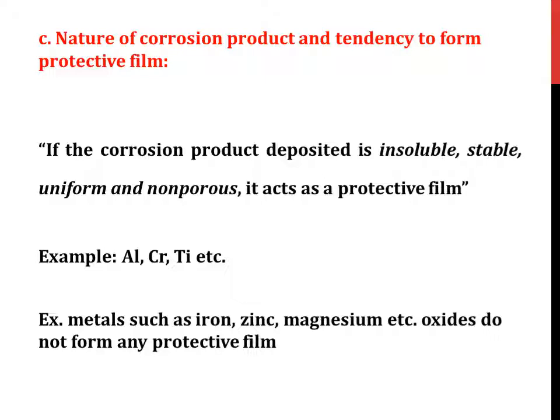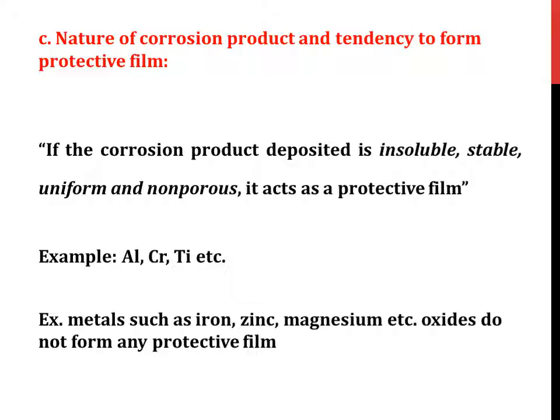For the second case, if the corrosion product is soluble, unstable, non-uniform and porous, what happens? The corrosion process will be rapid. It is a continuous process. Here the product will not act as a protective layer on the surface of the metal.